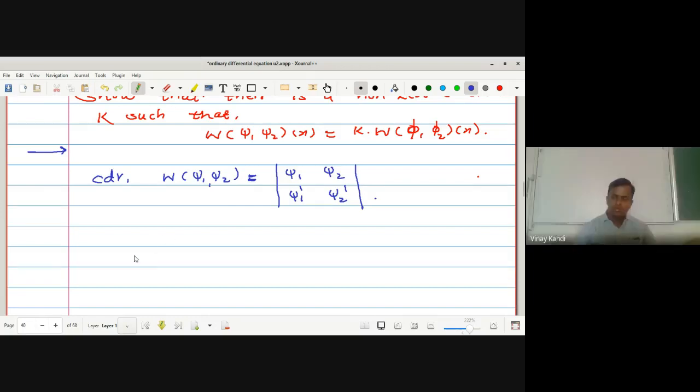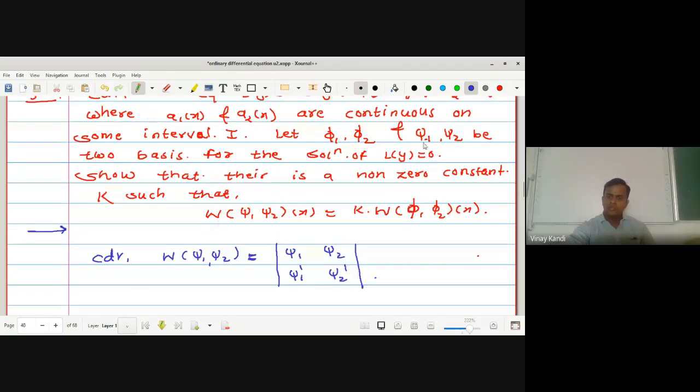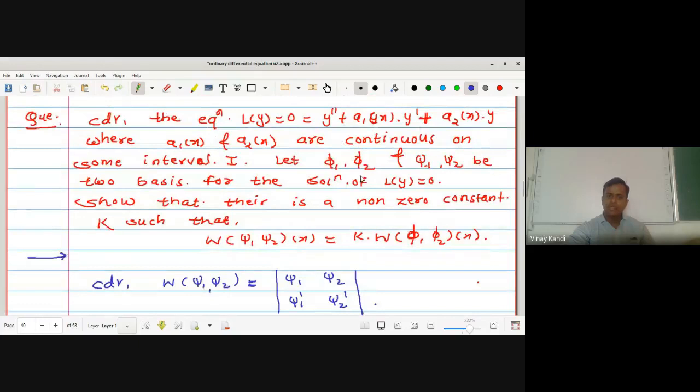Now phi1 is the solution of L of y. Phi2 is also a solution of L of y, and psi1 psi2 is the basis for this L of y solution space. So we can write psi1 as a linear combination of phi1 and phi2. इथे नीट लक्ष द्या.